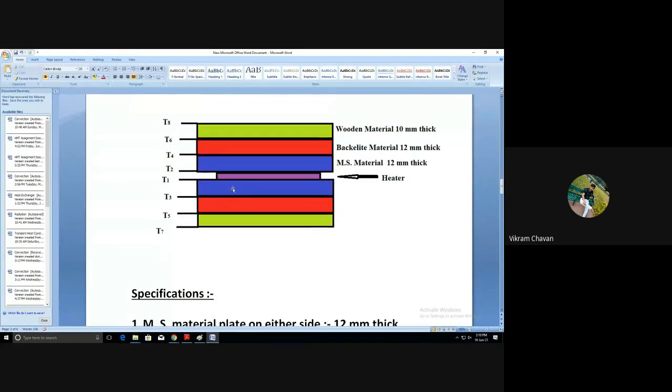Similarly, one aluminum plate is also provided below the heater, which will take the heat from the heater and diffuse it very fast, as its thermal conductivity and thermal diffusivity are very high.